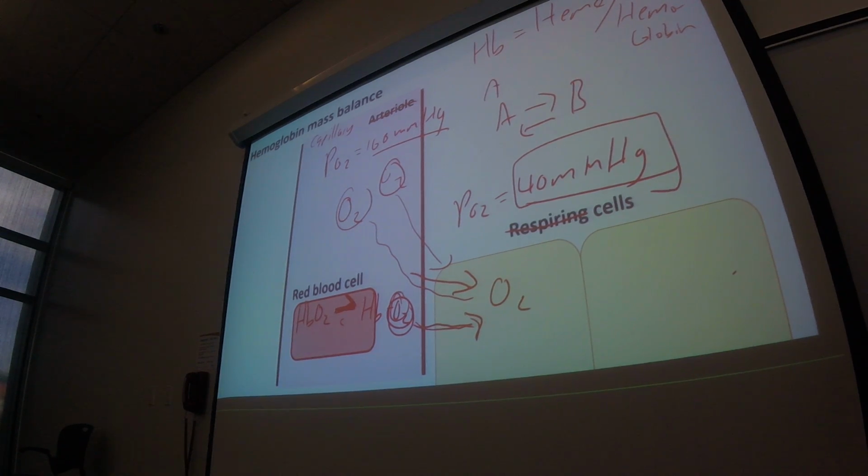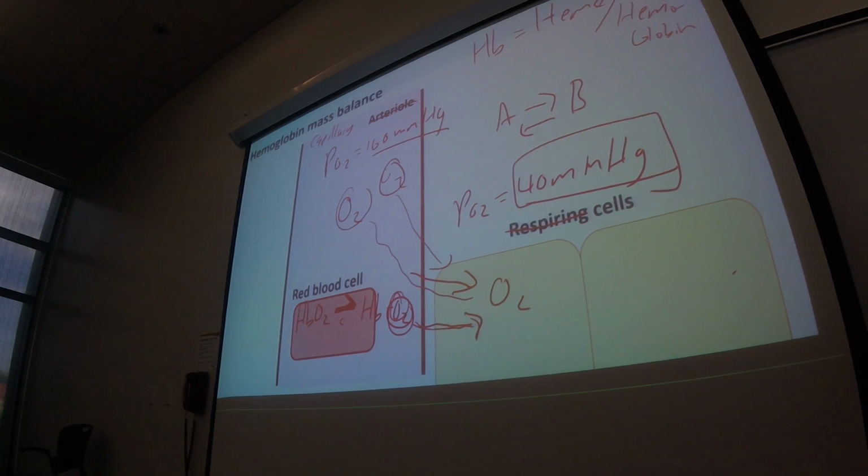If you add a lot more A, you're going to drive the reaction towards B to balance it out. If you draw down B, you'll still get a big movement forward to try to balance that equilibrium. This is why we call this mass balance.